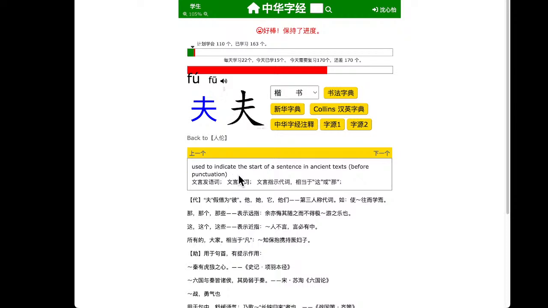That's the only way it's used. You pretty much don't even have to remember it, because you're not reading ancient text. Ancient Chinese text has no punctuation. It's kind of like how back when they did telegraphs and didn't have punctuation, they would put stop at the end of the sentence. Same type of deal, but this is for the start of a sentence.